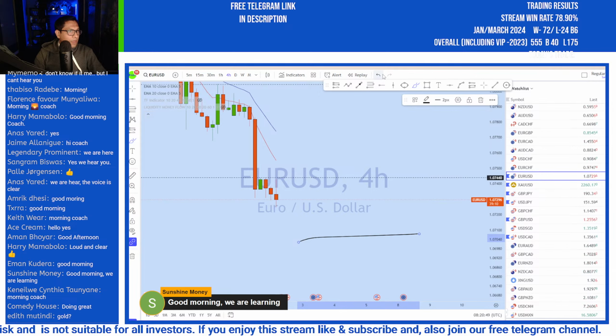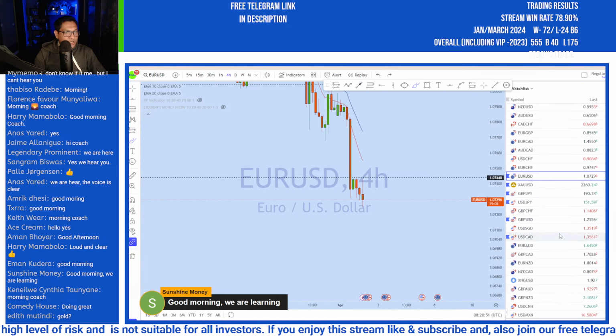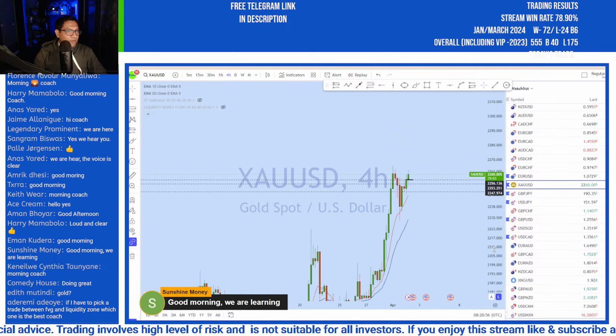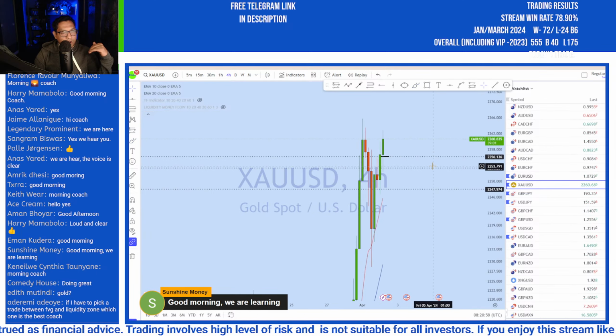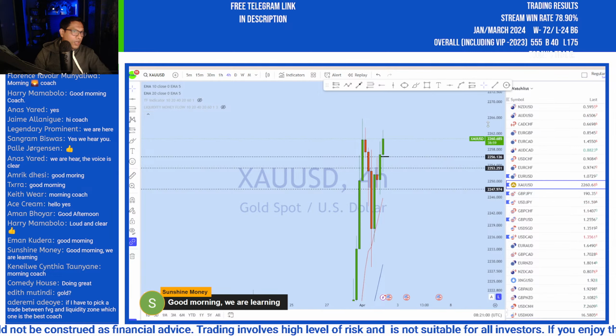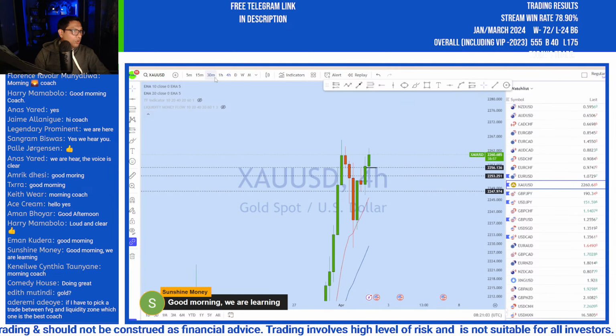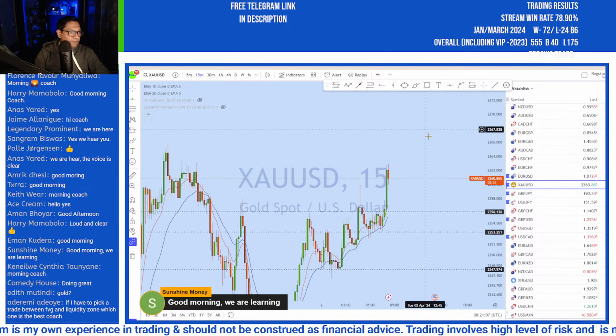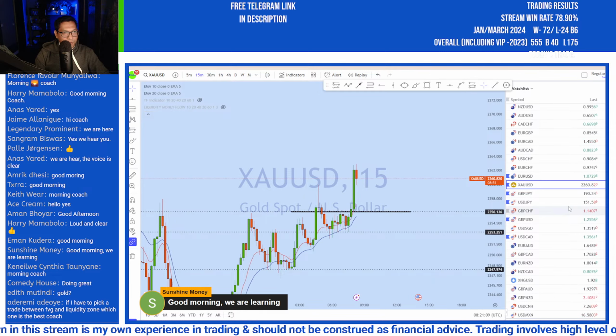So we see a very strong bearish price action. It is very interesting that euro dollar is weak, while we see that gold is trending to the upside.